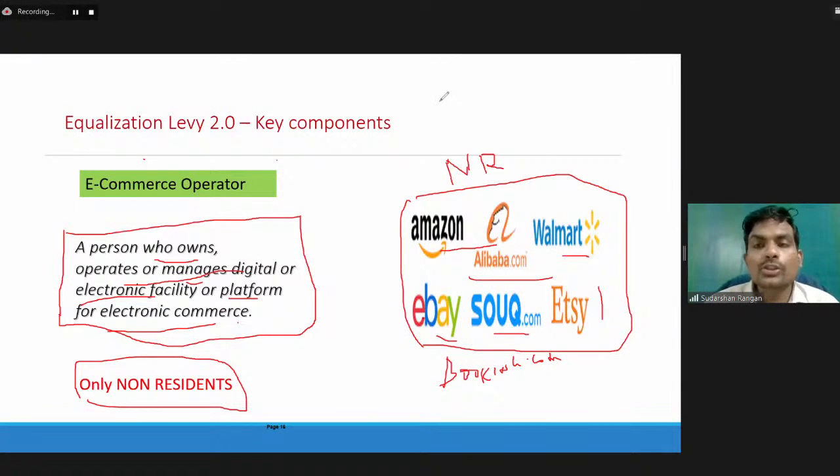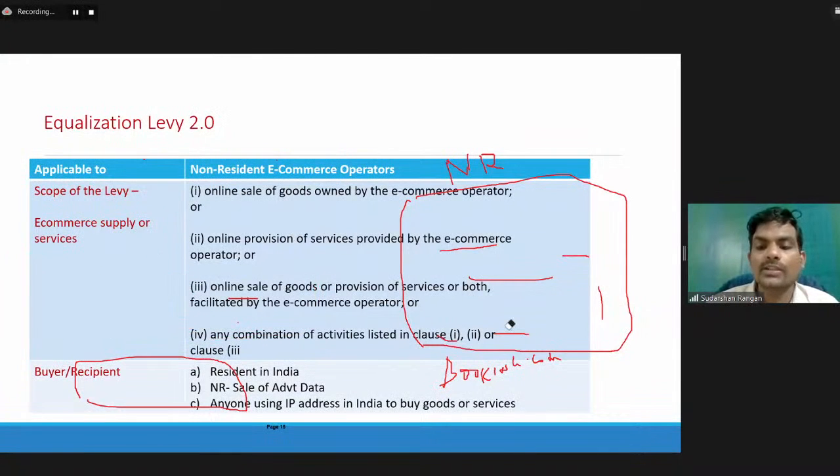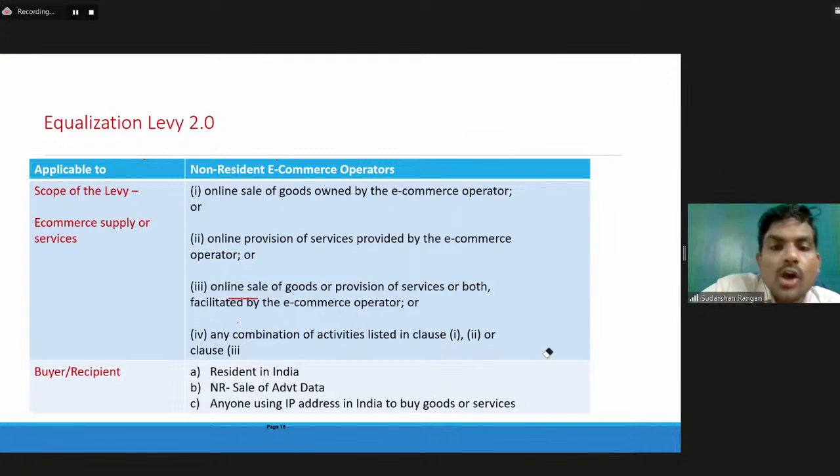Now they should, under the definition, if you recollect, do e-commerce supply or services. Now what is e-commerce supply or services? E-commerce supply or services is also mentioned, that is online sale of goods owned by the e-commerce operator.